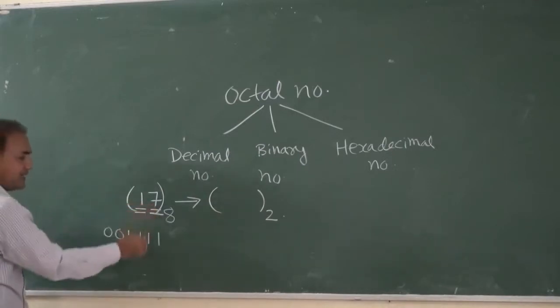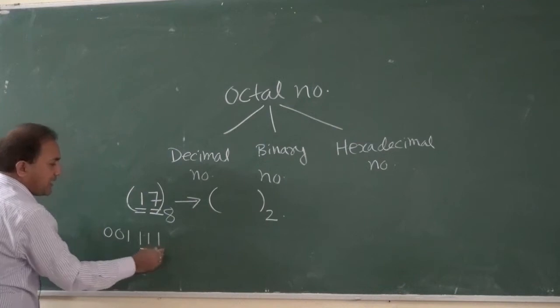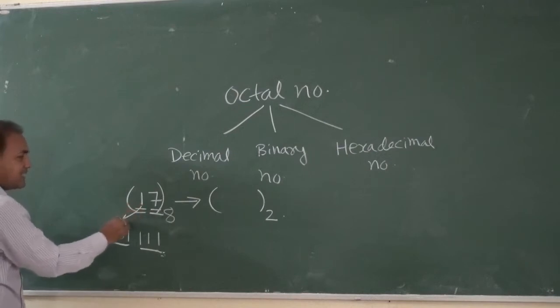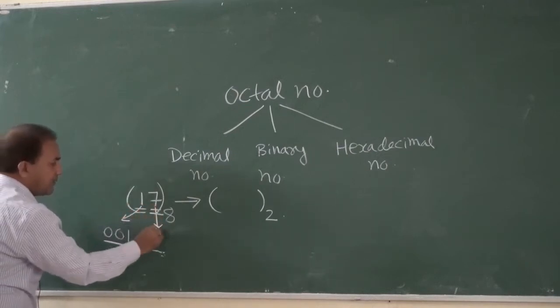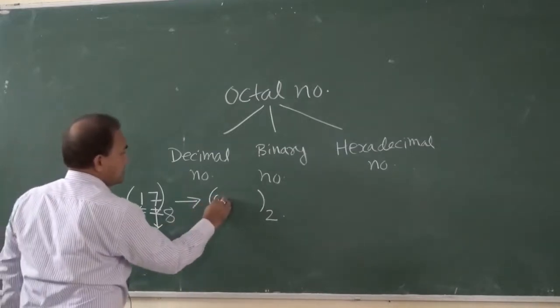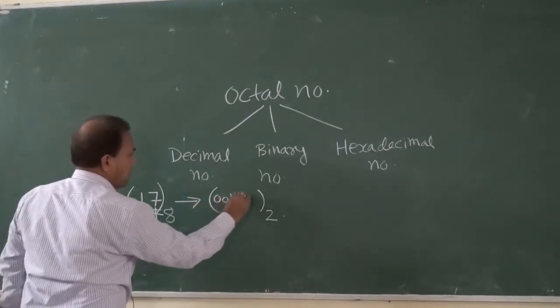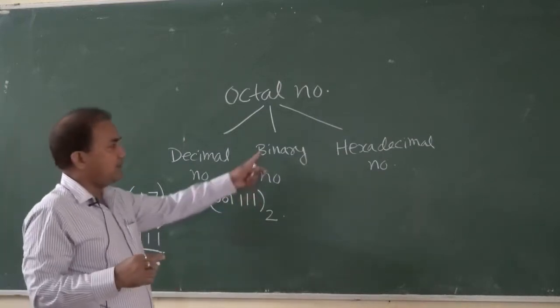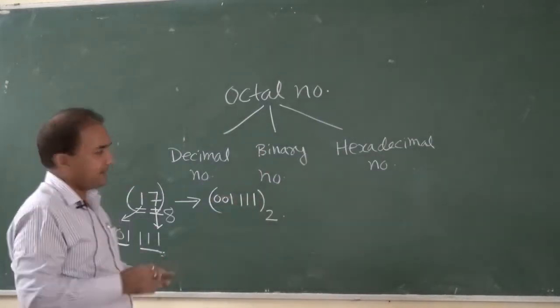So 7 in binary is equal to 1 1 1, and 1 is equal to 0 0 1. So each symbol has to be represented by 3 bits. So it is equal to 0 0 1 1 1 1 to the base 2, because this is binary.